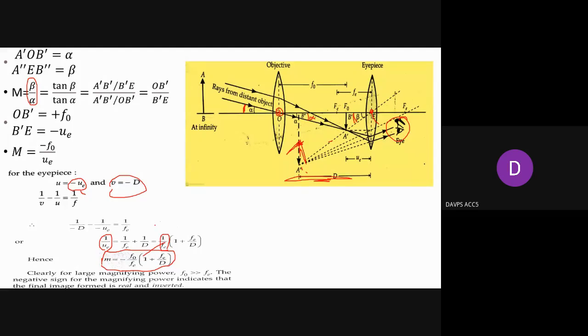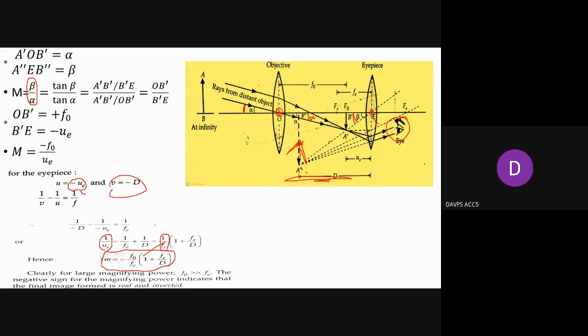Object and image both are at infinity; that is the relaxed eye. How can you realize it? Simply come out of your home or go to the roof of your building and try to look at very distant objects.